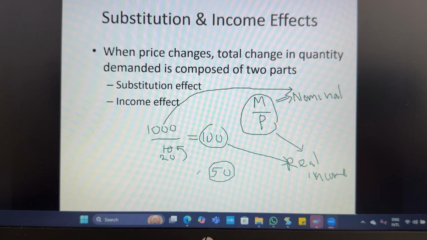Say the government is going to increase the salary by 30%. If the government increases the salary by 30%, how much will this be? If another 30% is added to this? 1,300. So you're happy.